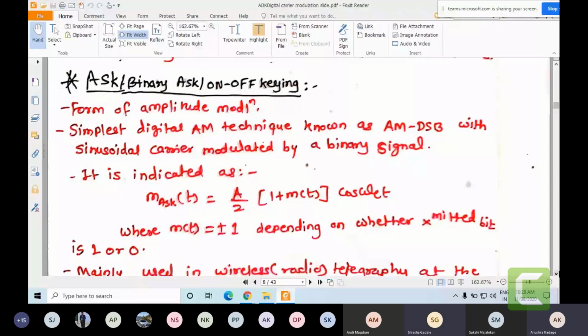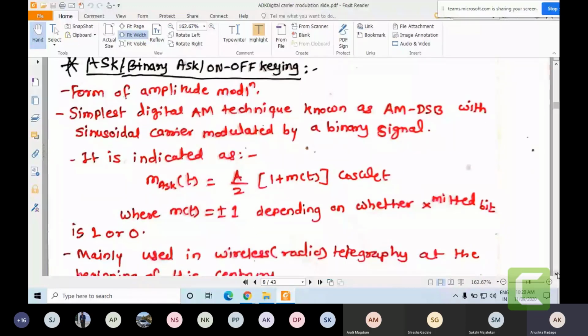Okay. So now I'm going to start with the next content for ASK. But before starting with the next content of ASK, once again I will remind you that this ASK output basic equation is given by A by 2 (1 + m(t)) cos(ωct), where this m(t) value will be either plus 1 or minus 1, and that will depend upon what is your bk value.